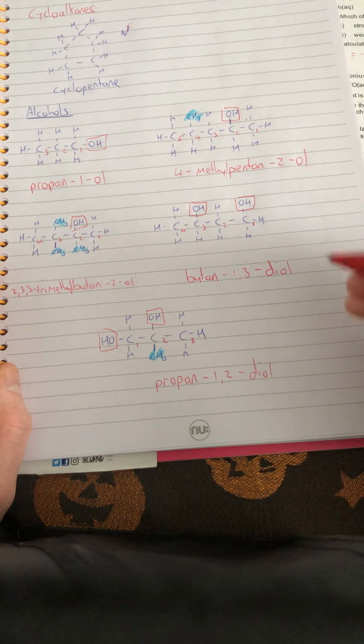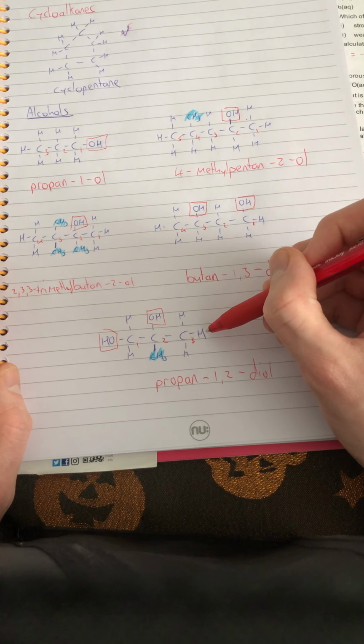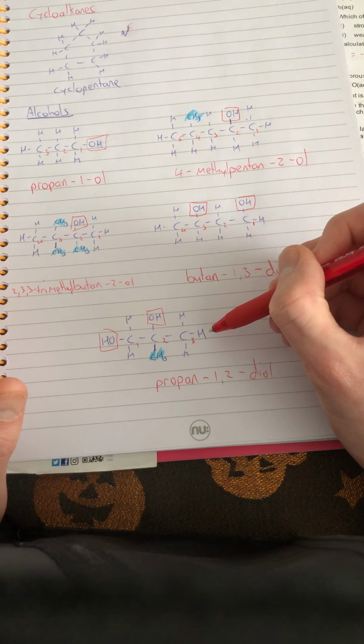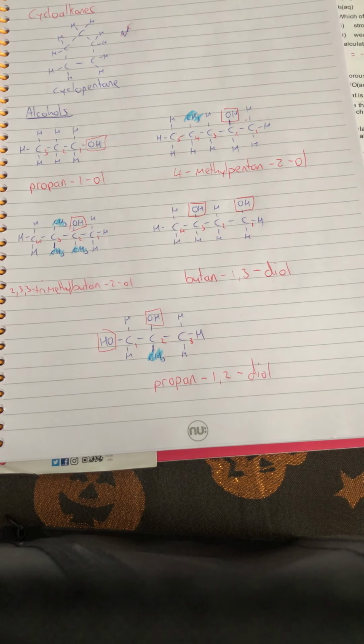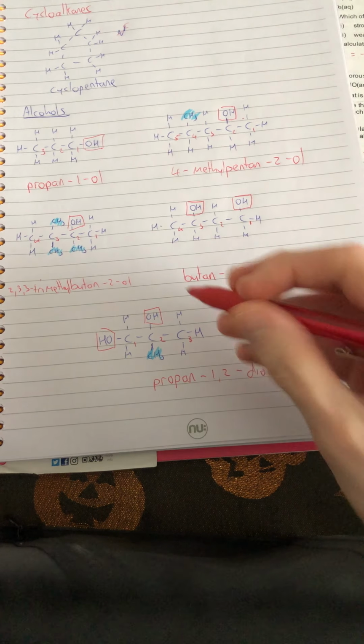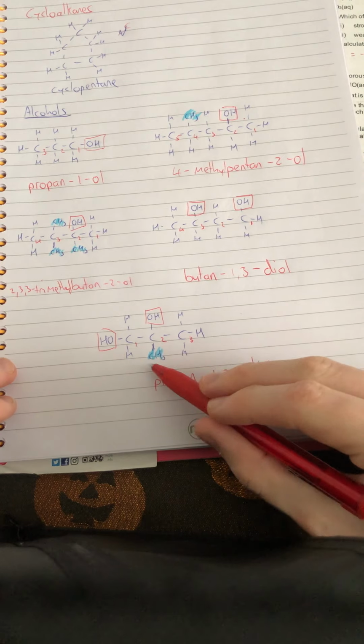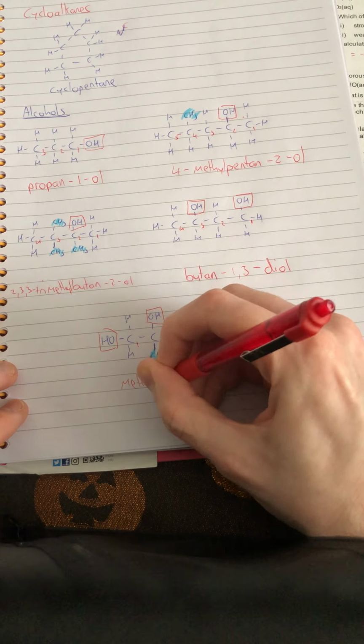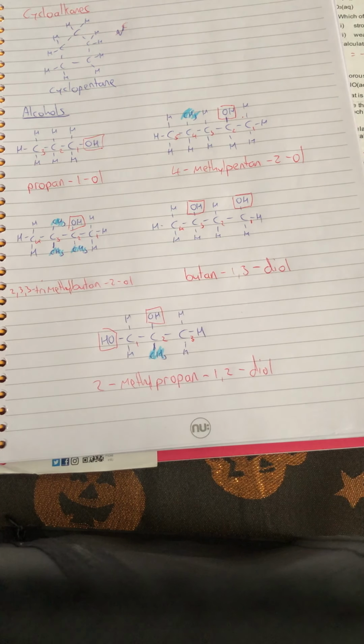If there was an OH there, that would be propane-1,2,3-triol, which is commonly known as glycerol, but we'll come back onto that at a later time. Now, we've got a branch on carbon 2. There's only one carbon, so this is a methyl branch, and it's on carbon 2, so it's 2-methylpropane-1,2-diol. And that's it.